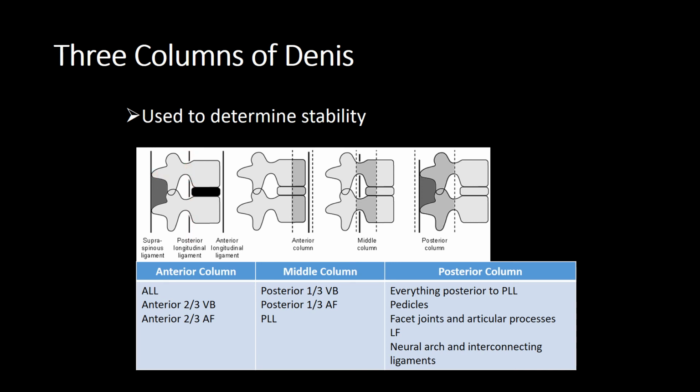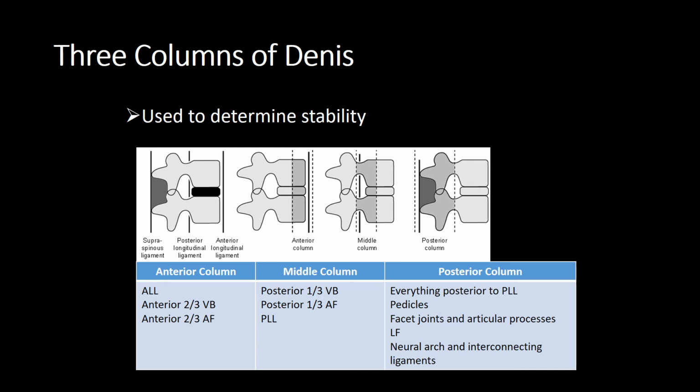And then we have the supraspinous ligament running along the tips of the spinous process. And we have the ligamentum flavum running between the interspinous processes.